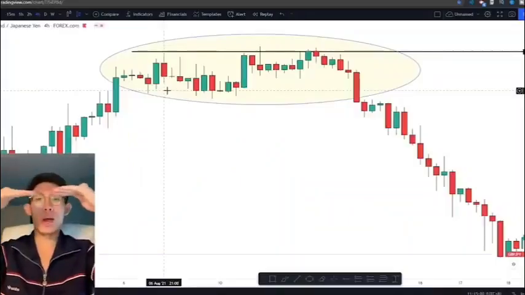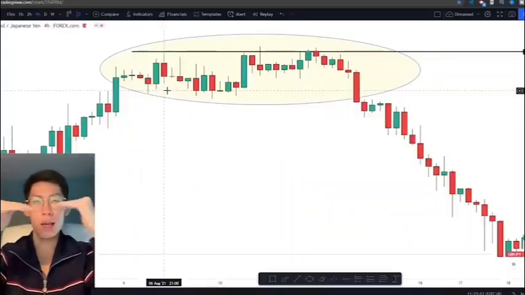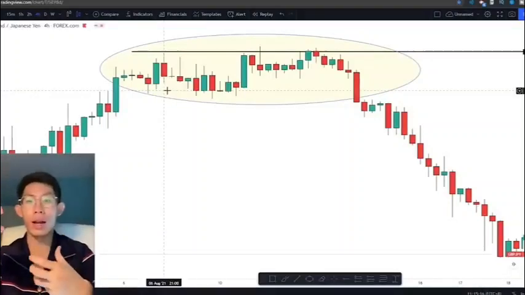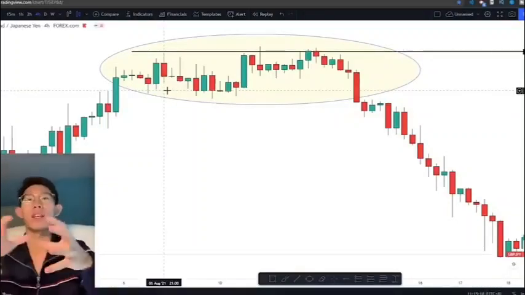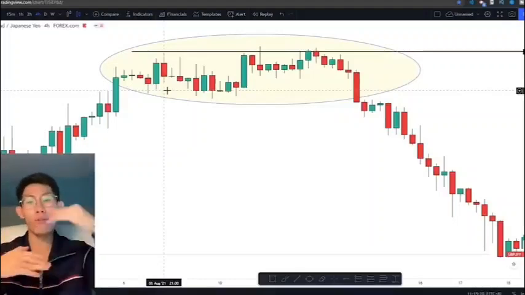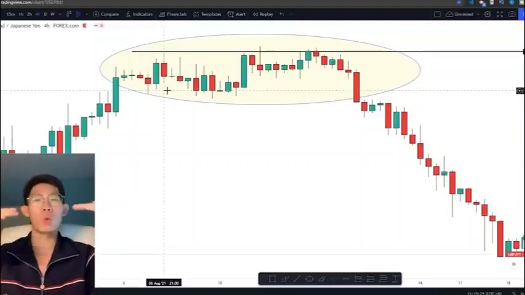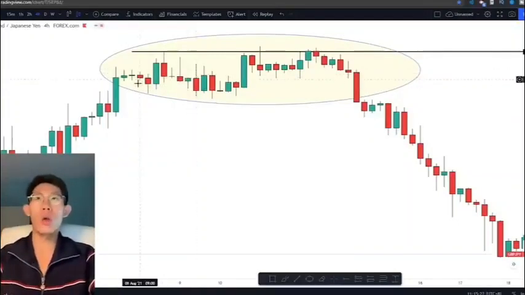Right now you can see how price is at a major resistance level, right? And you can see how candlesticks tell you a story, guys. Candlesticks give you signals on whether price is going to reverse and head back down, or break past the key level. You can see over here when price reached this key level, price went up all the way, then wick back down, forming this wick here.